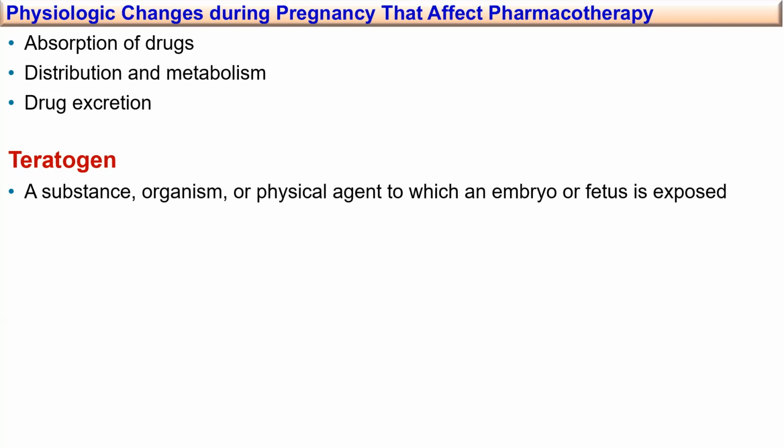Drug excretion: the rate of excretion of medication may increase. So teratogens. When we say teratogen, we mean the substance, organism, physical agent, or microorganism to which an embryo or fetus is exposed, that may cause permanent abnormality in structure or function and cause retardation or death.